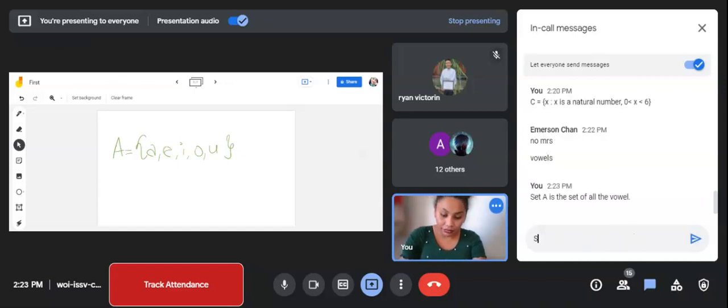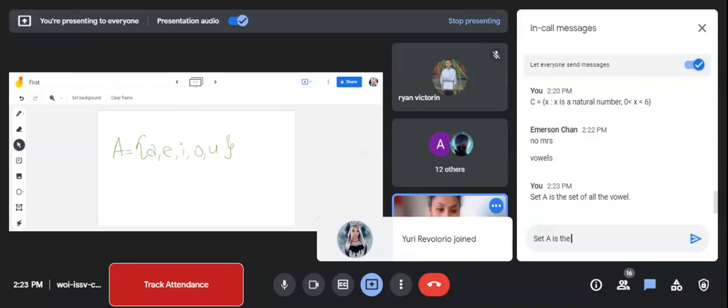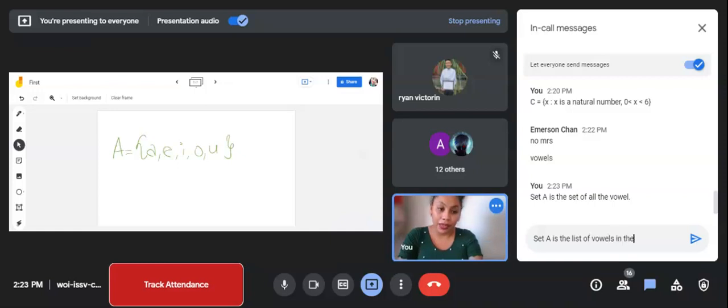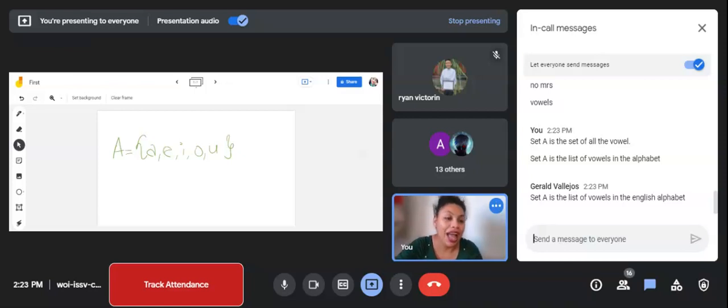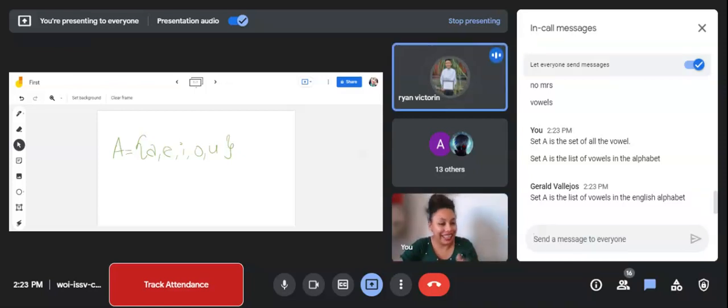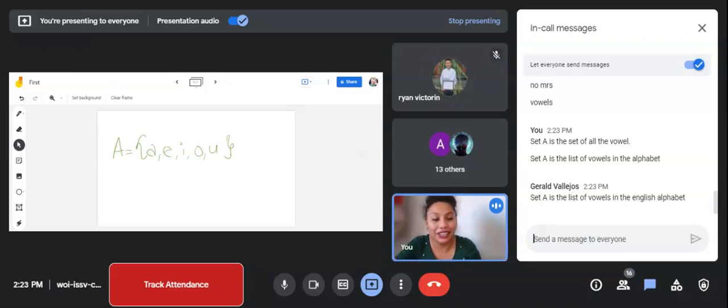That's one way. I could write set A is the list of vowels in the alphabet. That is another way. I'm saying the same thing, but in different words. Both of them are correct. You only choose one. Set A is the list of vowels in the English alphabet. Very good, Gerald. That is another way of saying it. All of them are correct, right? Because we're only describing, we are saying what the set has.